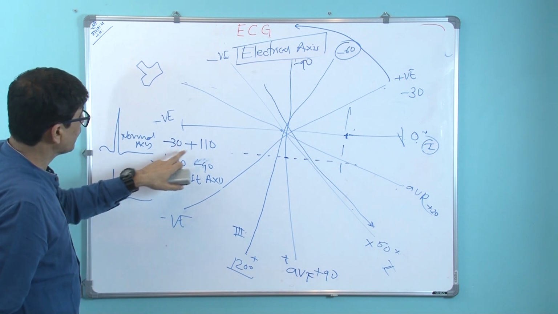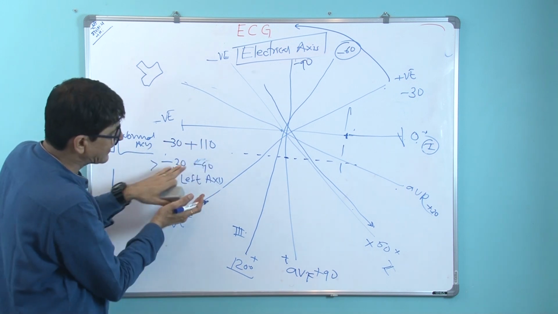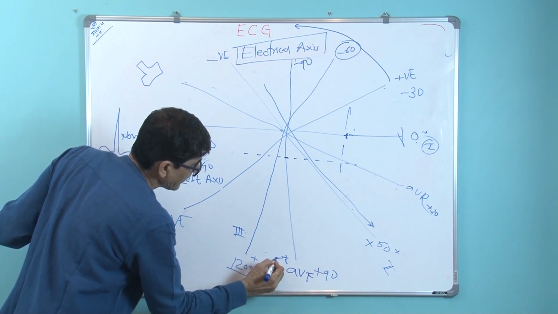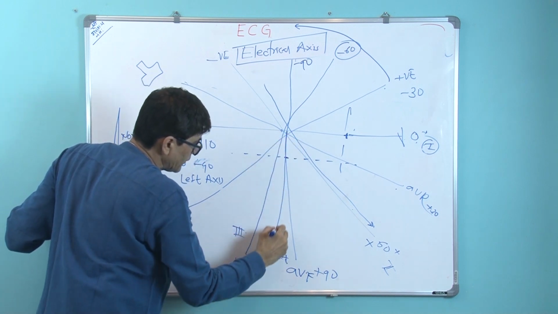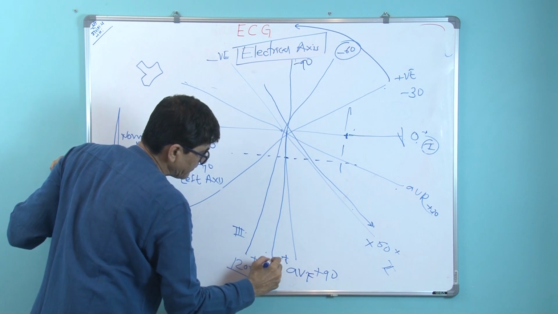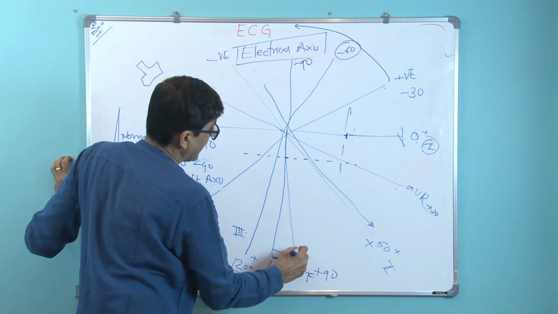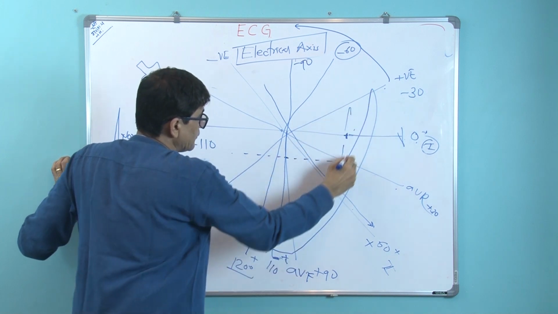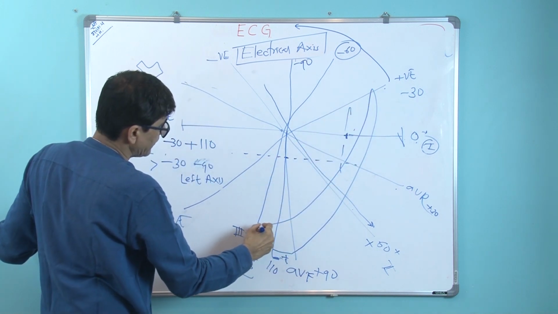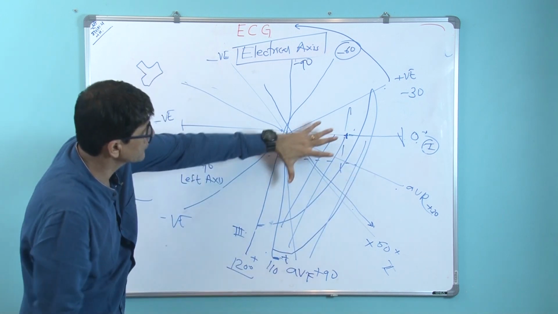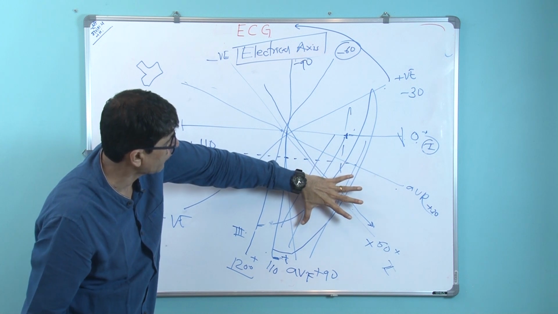I am talking about 110, some people take 100. So, suppose this is 100, this is 110, this is 120. So, suppose we take the center, this 100, 110 you consider, up to minus 30. So this is the normal axis. If the axis falls in between, it will be normal axis.